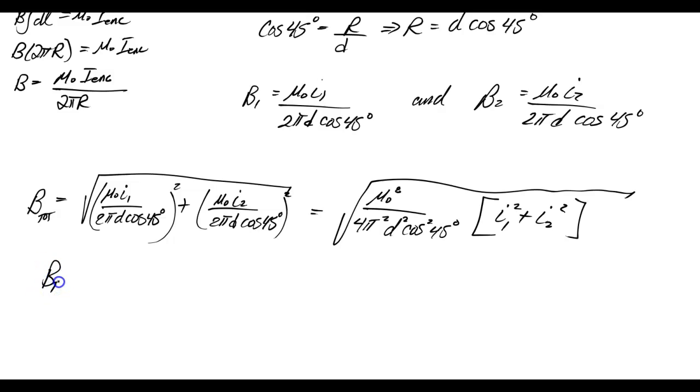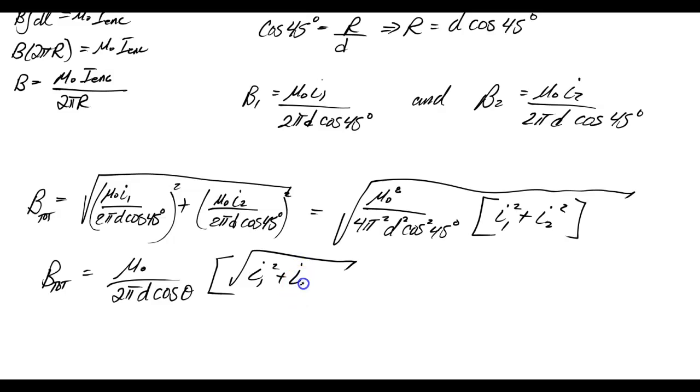And that way we can say that B total is going to be mu naught over 2 pi d cosine 45 degrees times the square root of I1 squared plus I2 squared. And now we have all the values that we need.